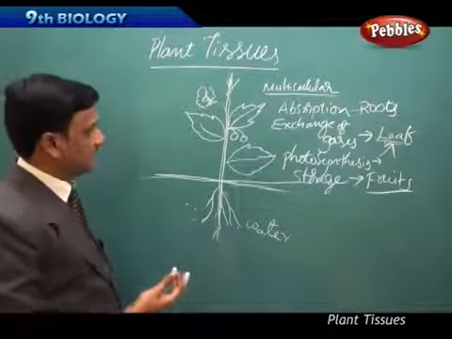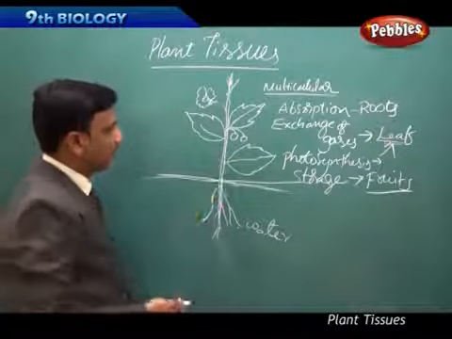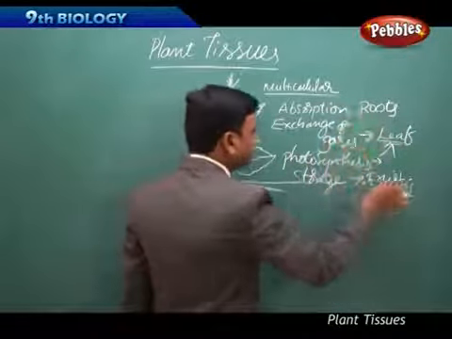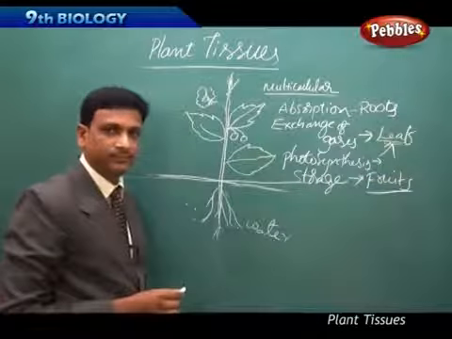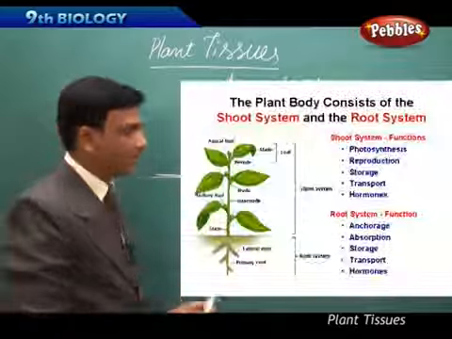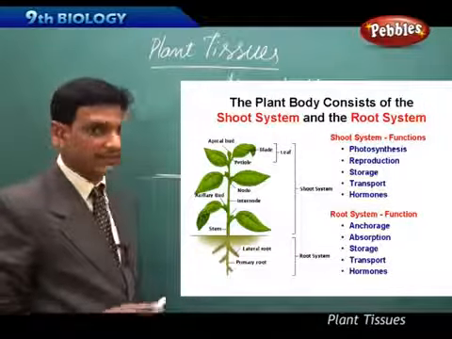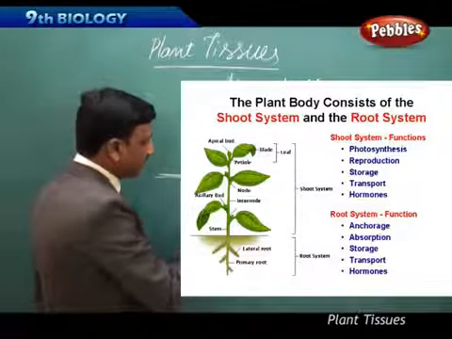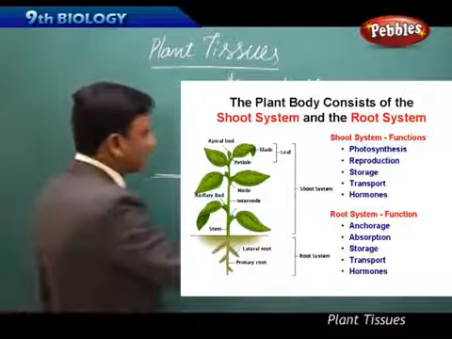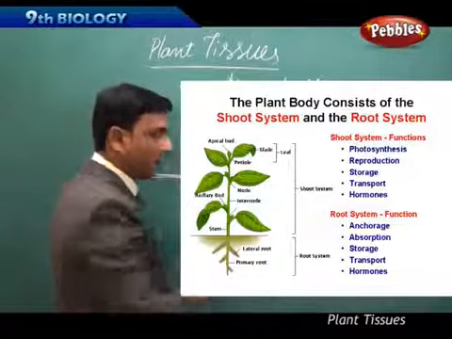So different parts of a plant are performing different functions. Why? All parts cannot perform all functions. If you take the root, can it perform photosynthesis? No. If you take the leaf, will it absorb the water from the soil?